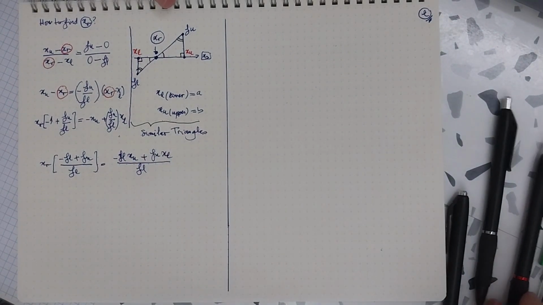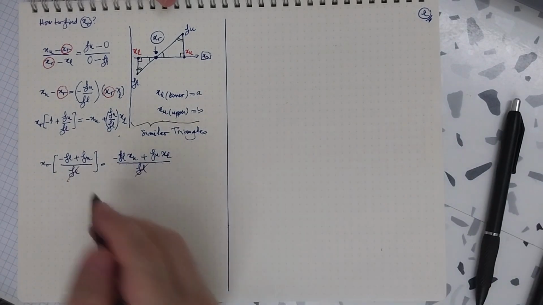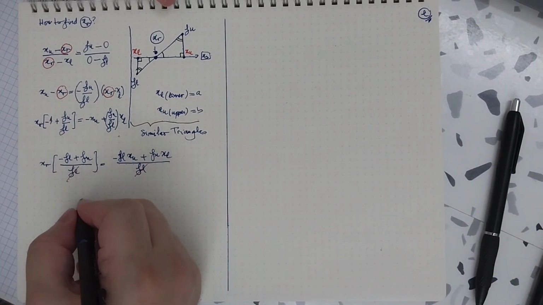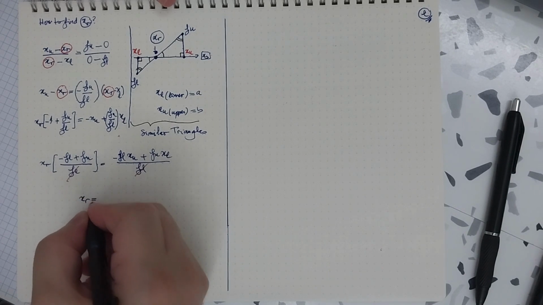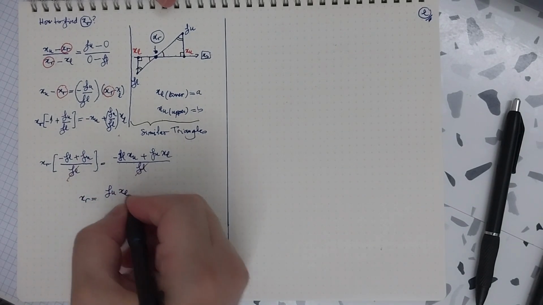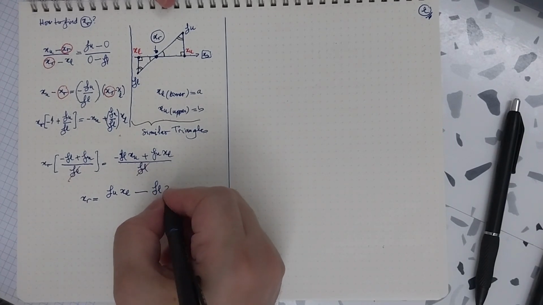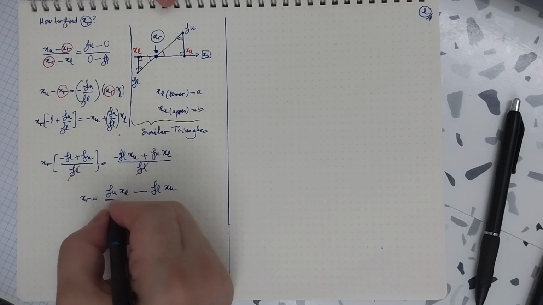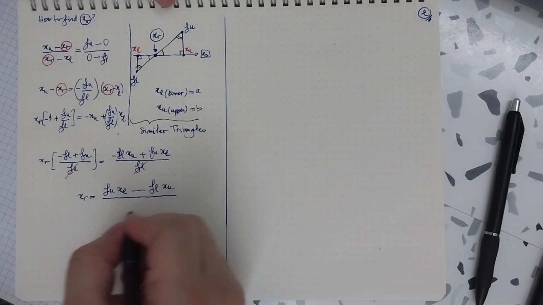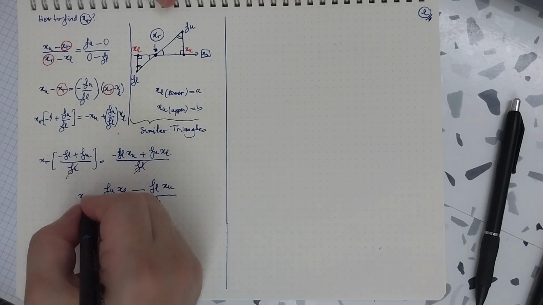We can then eliminate FL and we get the final result: XR equals FU XL minus FL XU over FU minus FL.